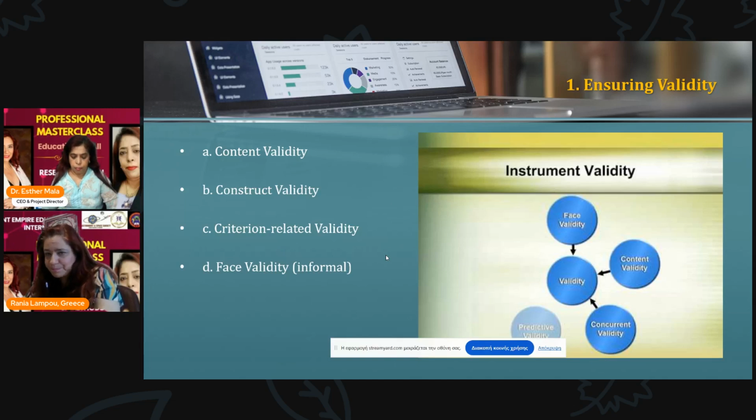Validity refers to how well a test measures what it is intended to measure. What is content validity? It ensures that the test covers all relevant content areas. And how to ensure it? By aligning questions with learning objectives or curriculum standards, by using a test blueprint or table of specifications, by having subject matter experts review items.